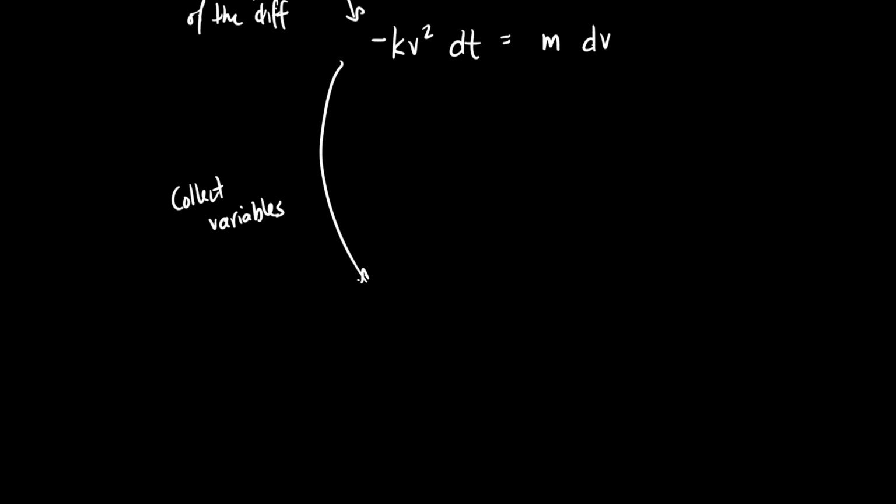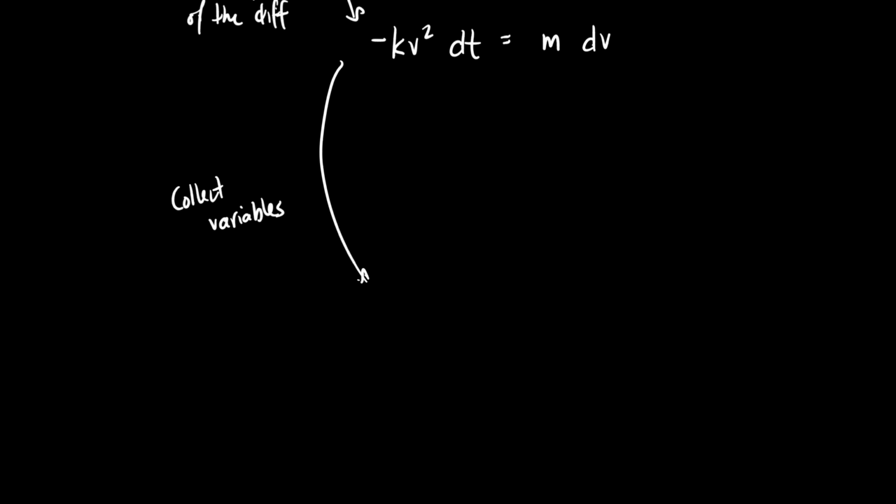Sometimes it is easier to put all the constants on one side. Do you notice that there are two constants here, k and m? They're constants in that they don't have anything to do with v or t. The mass of the object isn't changing with respect to time, and it's not changing with respect to velocity.